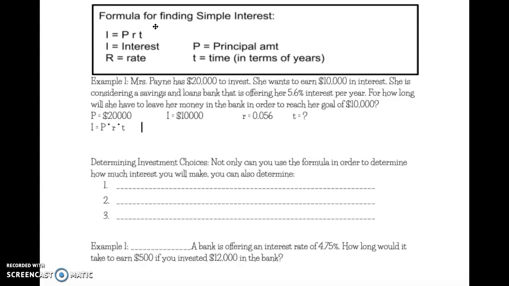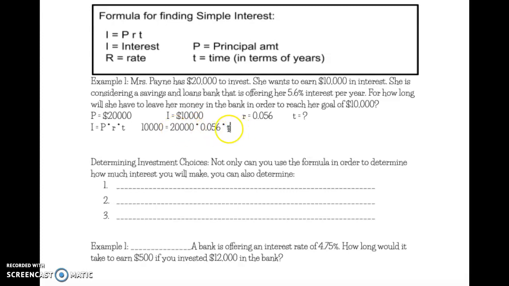So, actually I'm going to go over a little bit here. I know my interest is $10,000. It equals my principal amount of $20,000 times my rate of 0.056 times my time, which in this case I don't know.